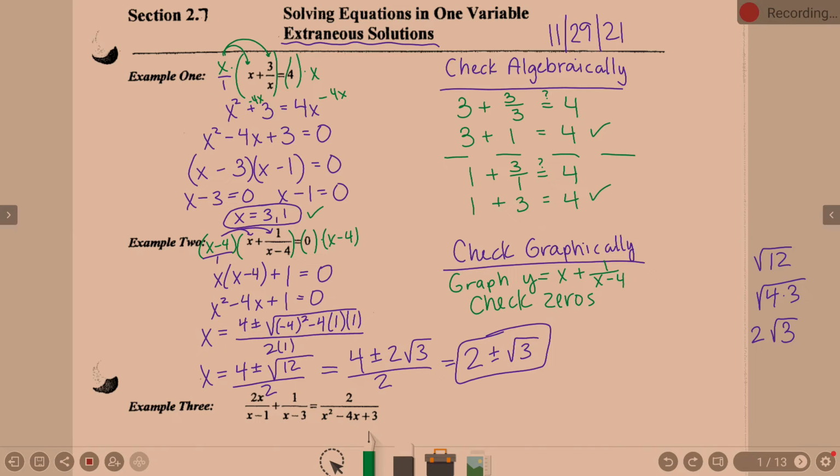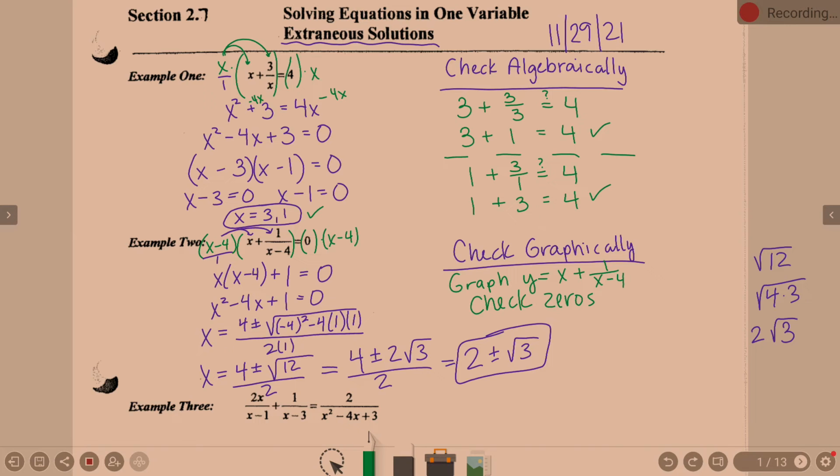If I repeat it and do 2 minus the square root of 3, notice again it gives me a 0. You could also find your zeros, couldn't you? You could use that second calc, you could find your zeros and make sure the decimal matches up. But that's how you check.